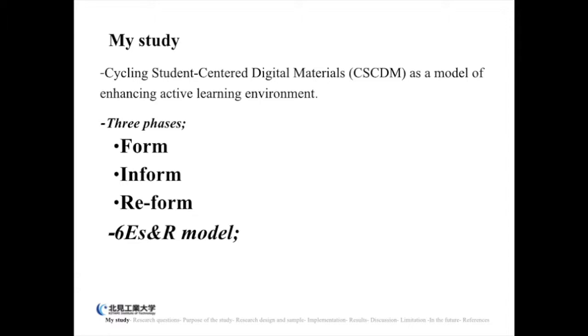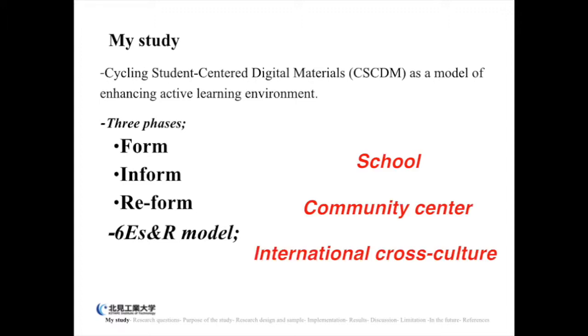Another unique concept is to provide the opportunity to students to transfer from being active learner to be active educator in local society such as school or community centers and in international cross-culture study case.